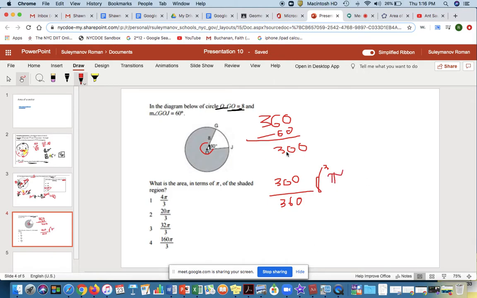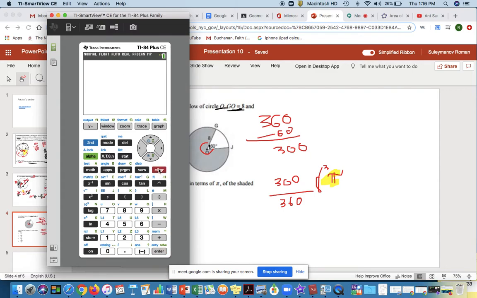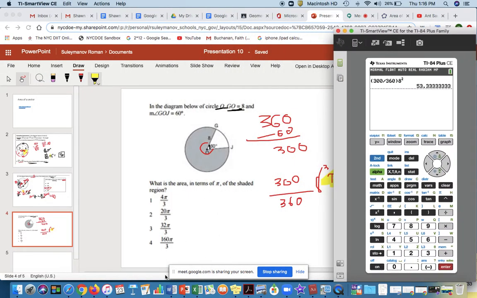So how do we make this easier for ourselves? Remember, it's in terms of pi. So you want to enter everything except for pi. Let's get our calculator out here. So I'm entering everything except for pi. So 300 divided by 360, and then I'm typing 8 squared. So this is a nasty number, and if I look at this number, I don't see it anywhere here, right?